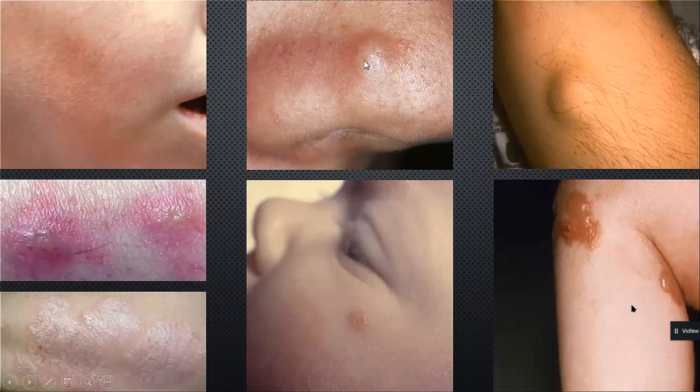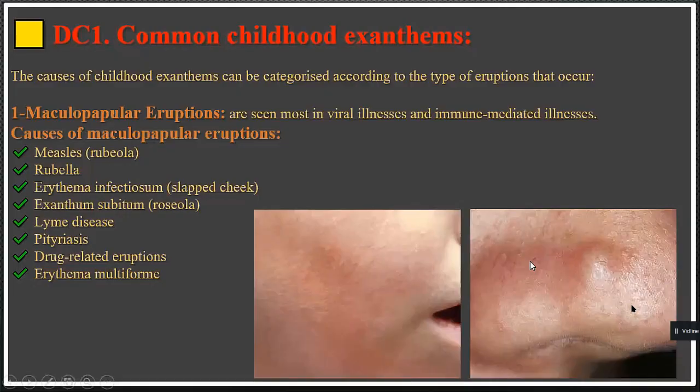So is this one nodule or papule? Papule. Okay. And what about this? Pustule. Okay. What about this? Vesicle. Bulla. Okay. So here we are studying the description because it will help you to diagnose.